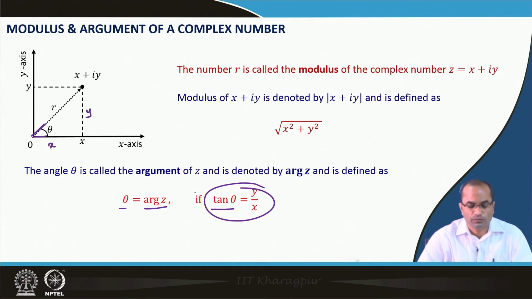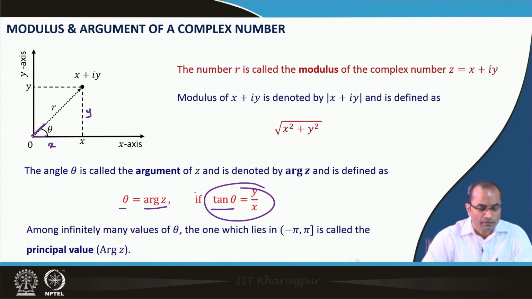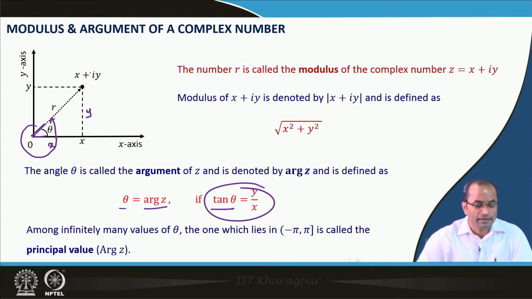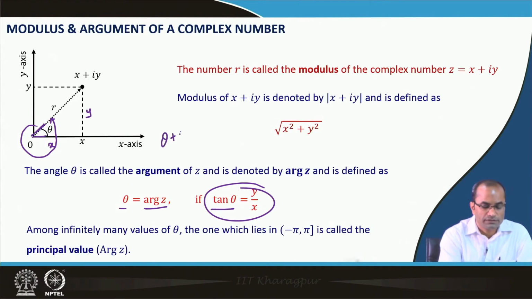This relation must hold for theta. If this is the angle theta, and we go around again by 2 pi, we will be back at the same angle theta. So, if theta is the argument, then theta plus 2 pi is also the argument, or theta plus n into 2 pi, where n is any integer.